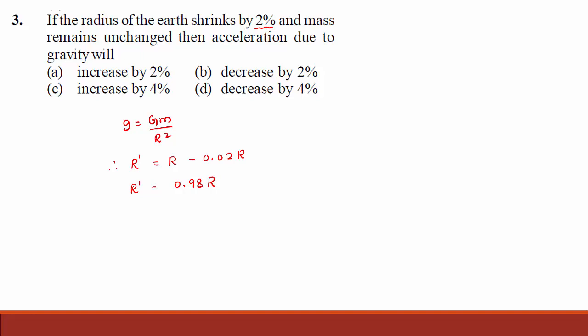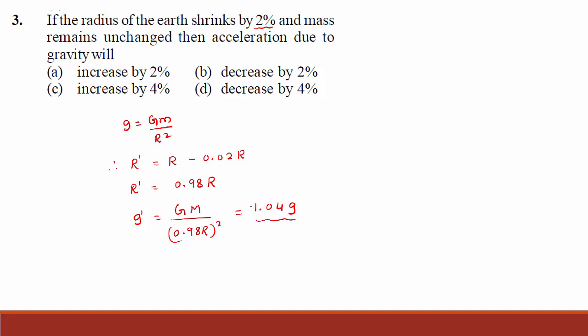Now, acceleration due to gravity after shrinking, g dash, is equal to GM divided by (0.98 r) square. Now we will get the final answer: 1.04 g. After substituting all the values, we got acceleration due to gravity 1.04 g.